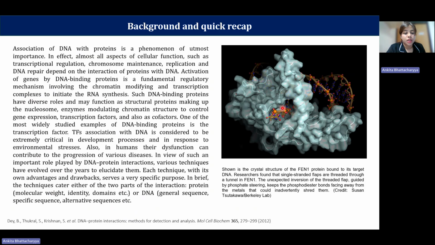Also, another additional factor to be kept in mind is that DNA protein interactions, particularly, are very relevant whenever you talk about developmental processes or you talk about sensitivity to environmental stimuli. When we say environmental stimuli, we mean that if there is a change in the surroundings.